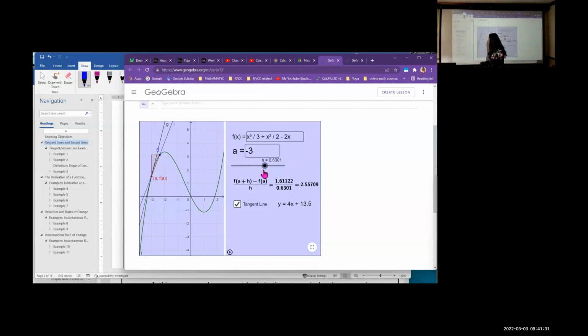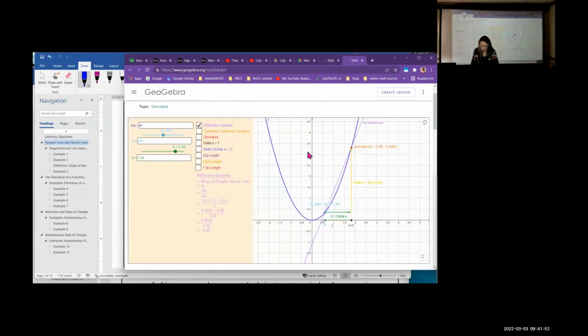And as I change the value of H and it gets smaller and smaller, notice how the secant line is getting closer and closer to the tangent line. Do you see how close they're getting? As H goes to 0, the secant line approaches the tangent line. And that's really what we're looking at here, is how the secant line approaches the tangent line.